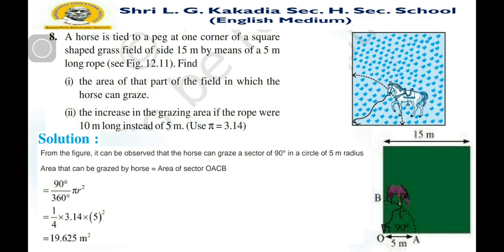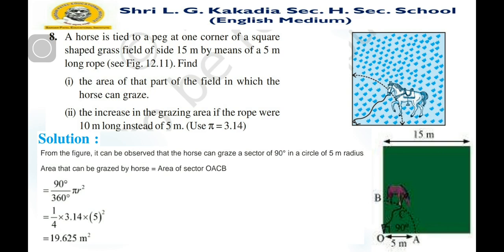Area that can be grazed by the horse is equal to area of sector OACB, which is equal to 90 degree divided by 360 degree into pi r square. Putting the values, we find 1/4 into 3.14 into 5 square, that is equal to 19.625 meter square. This is the area that a horse can graze.